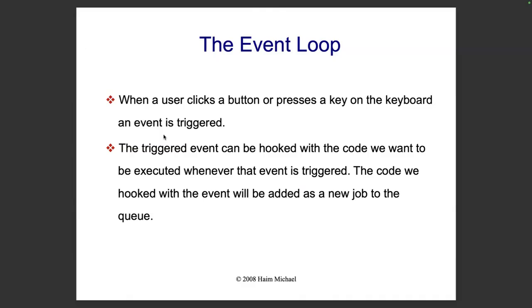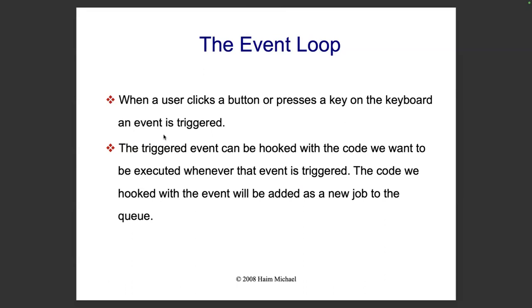And that queue holds lots of jobs. Each job is a collection of code that is executed without any pause, without any delays. So this way, the single thread that performs those jobs is always busy with something, or nearly always busy with something it needs to perform.